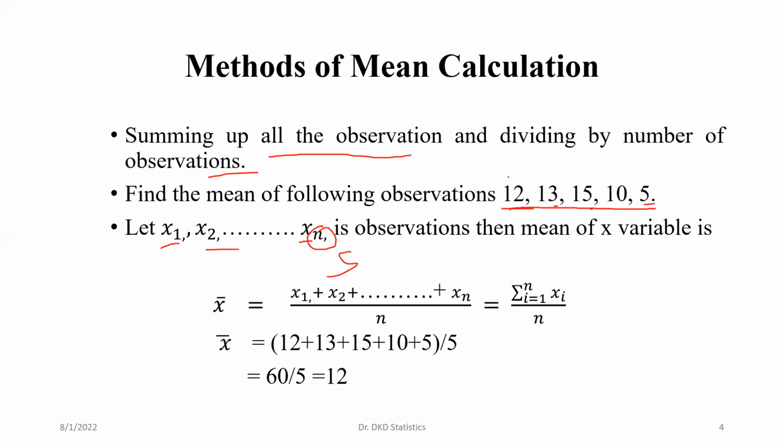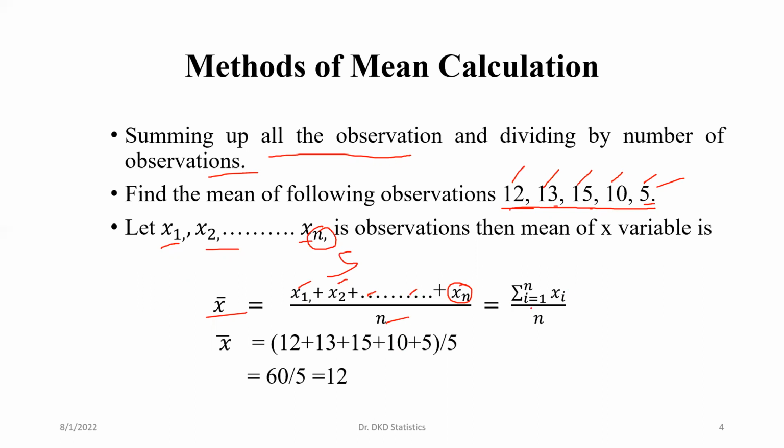So we can say x1 equal to 12, x2 equal to 13, x3 equal to 15, x4 equal to 10, x5 equal to 5. These are the observations. So we can calculate x bar is equal to x1 plus x2 plus x3 plus x4 plus x5, where xn here is x5, divided by the number of observations.